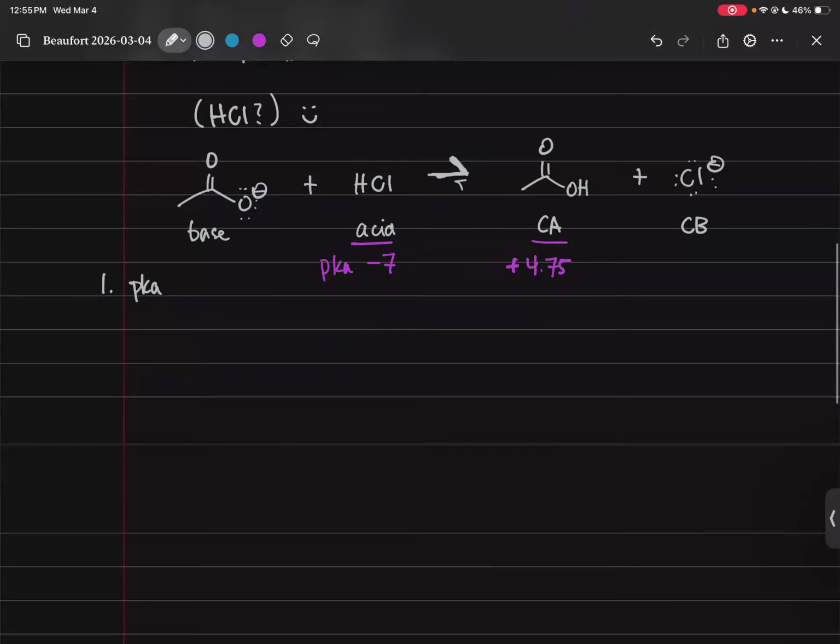But let's check our work. Let's use the ARIO method. First is atom. So we're looking at the bases in this case, and we're going to compare oxygen for the acetate ion with chloride.